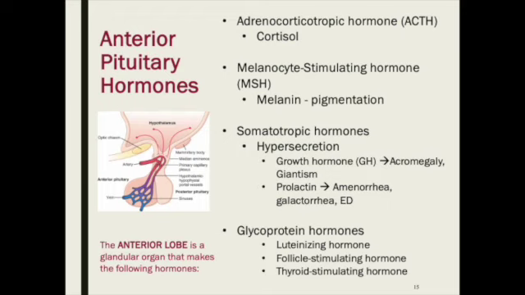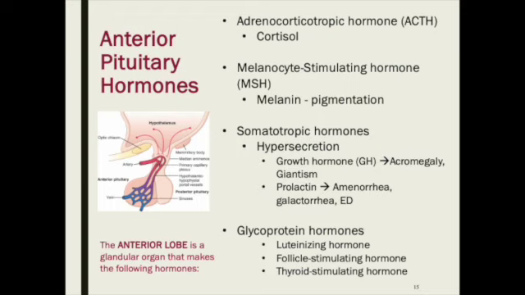We also need to know the adrenocorticotropic hormone, ACTH, which stimulates cortisol. And we need to understand the melanocyte stimulating hormone, MSH, which is producing melanin, which provides our pigmentation.